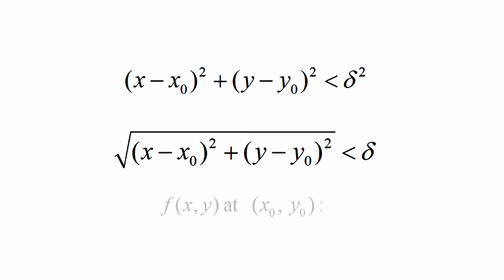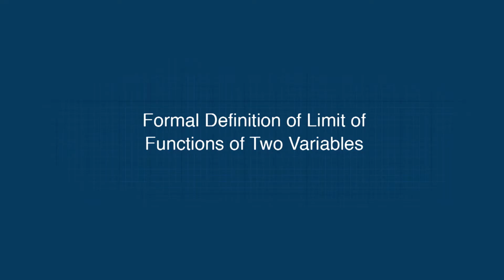We have the following formal definition of limit of f(x, y) at the ordered pair (x₀, y₀). Formal definition of limit of functions of two variables.